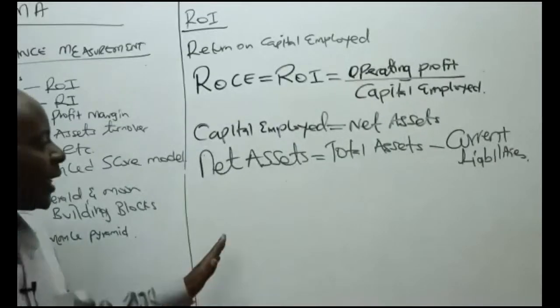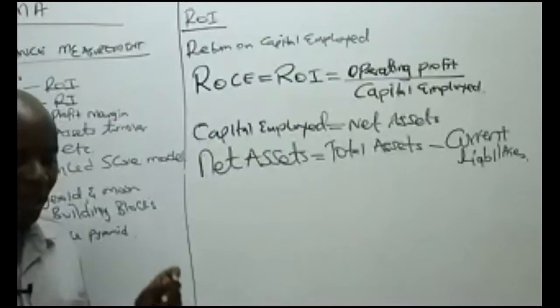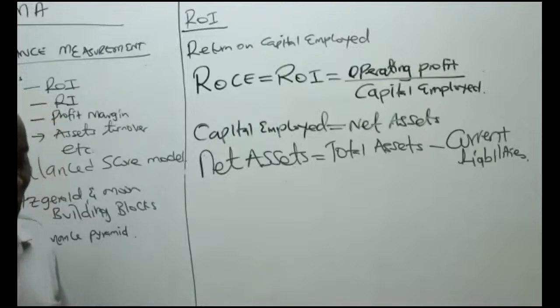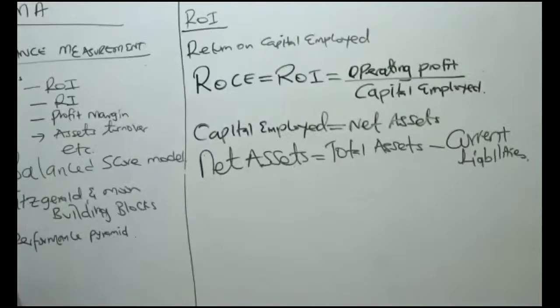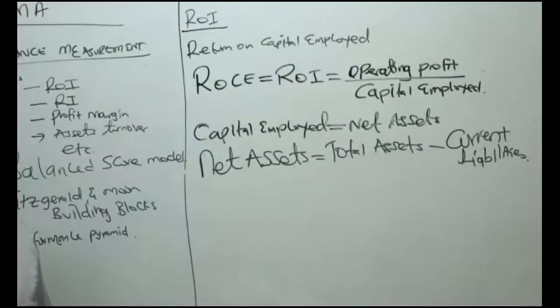So to get net assets, we normally take total assets minus current liabilities. For us to understand this very well, I have a handout with me here, which I'm displaying: question number 3.